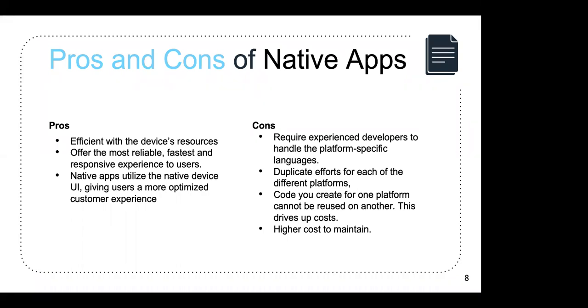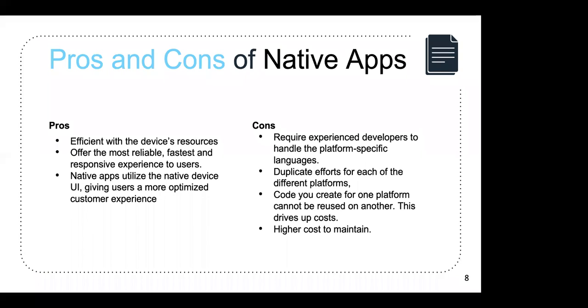Think that we have developed an application and published it, and once we get any bug, we have to make those changes in both Android and iOS. So it is high cost. This is the basic idea that I can give you about native applications and their pros and cons.